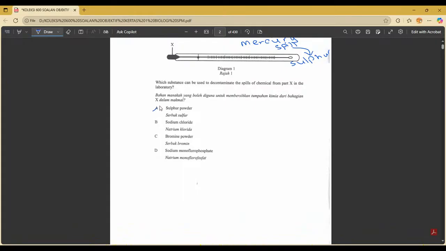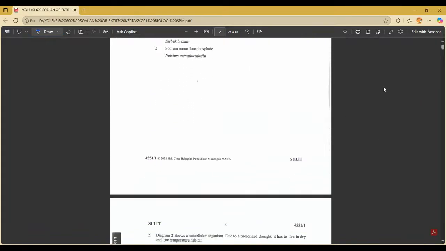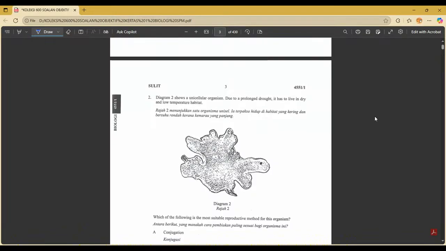And here's sulfur. Okay. Pin message and okay.